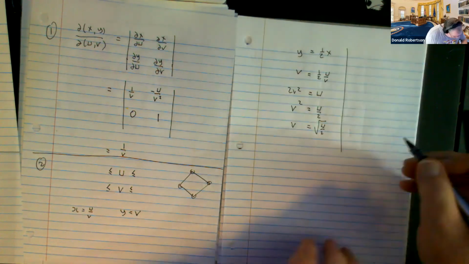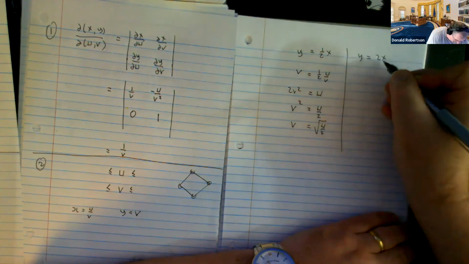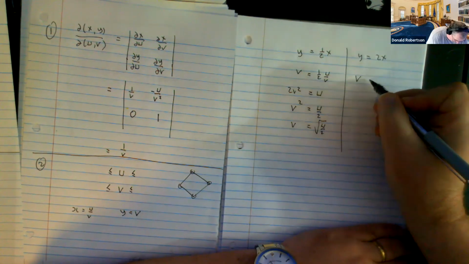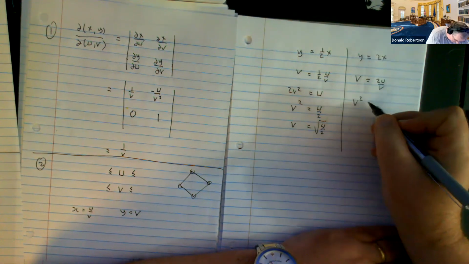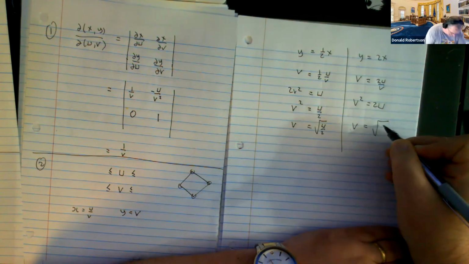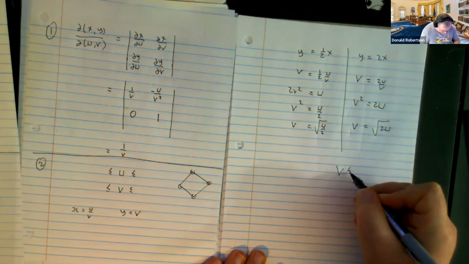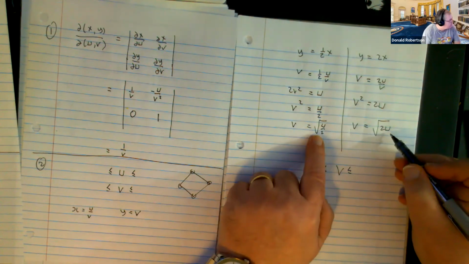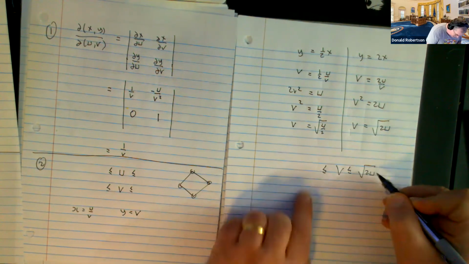Now I'm taking the other one, y equals 2x, and that's going to give me v equals 2u over v, which gives v squared is 2u, so v is the square root of 2u. So I now have the limits of integration of v in terms of u. The big one is probably this, and the little one is this.